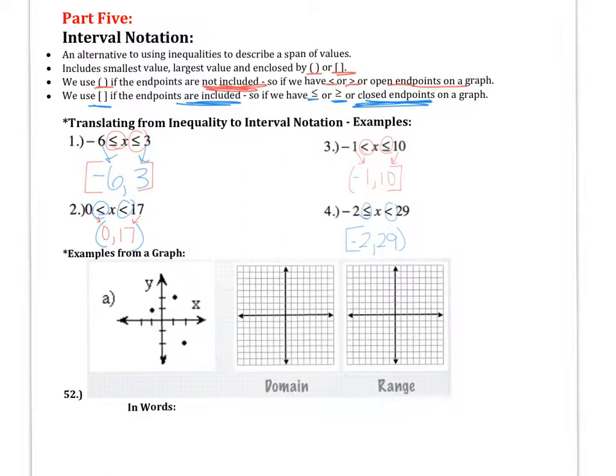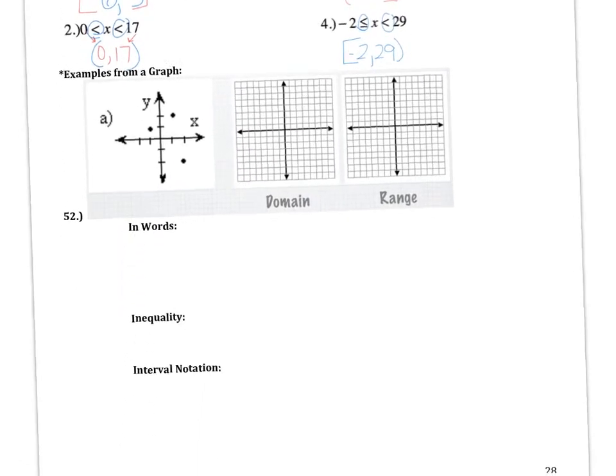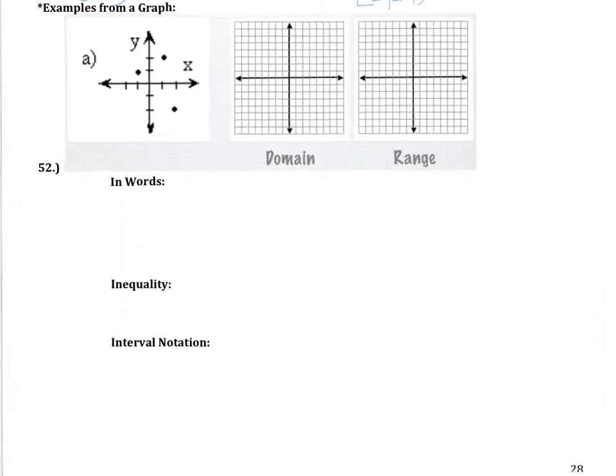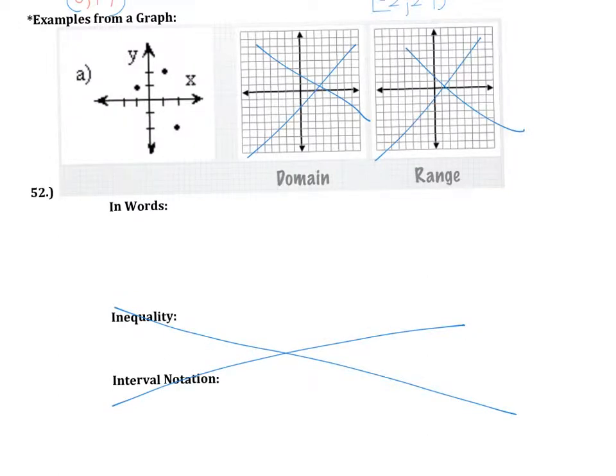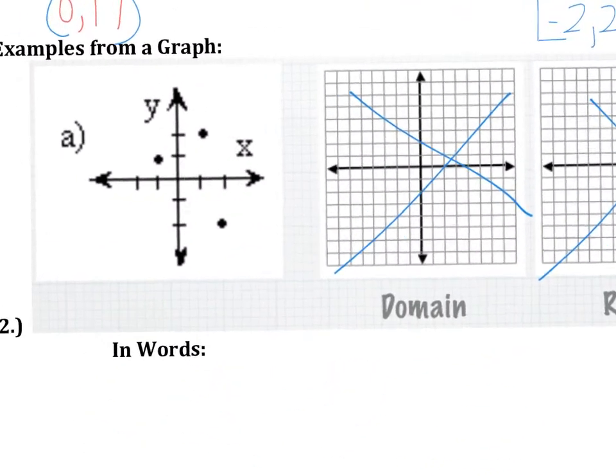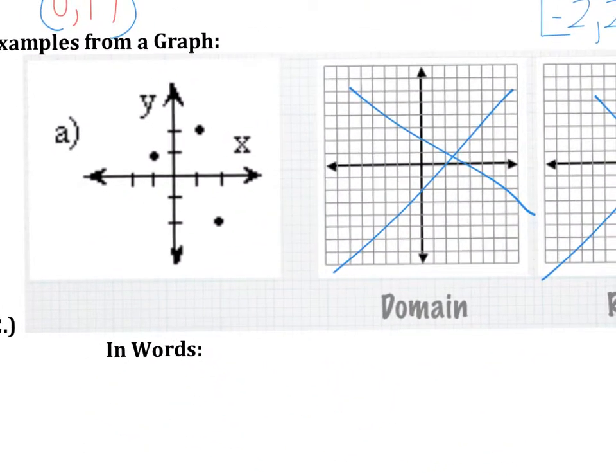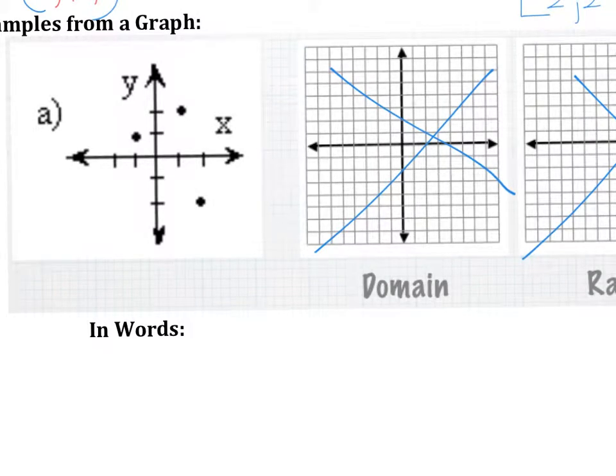So for 52A, we are only going to look at the domain and range, the in words part. So we are going to skip that, and we're not going to look at the graphs either. Instead, when you look at the picture, your domain are your possible x values. So I'm going to make a note, this is x values. So we're going from left to right.